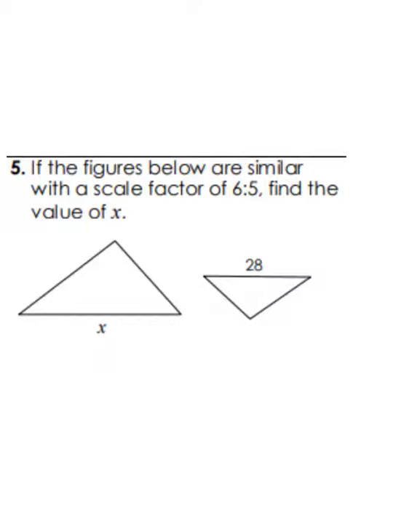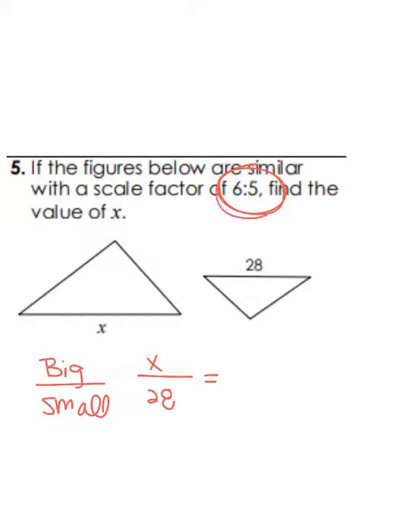Same thing here. I'm going to go big to small because the big triangle's first. So x over 28. And then when I go to use my ratio, I've got to put the big one on top and the small number on bottom. And then solve. I can always get rid of a denominator by multiplying.